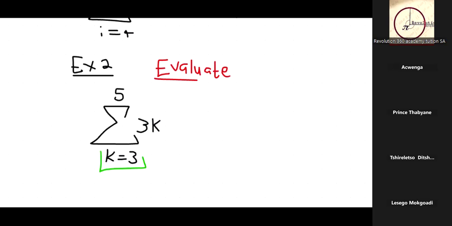Now let's determine the number of terms. The number of terms, don't forget, is the number at the top of the sigma minus the number at the bottom of the sigma, and you always add 1. So our n is the number at the top, which is 5, minus the number at the bottom, which is 3, plus 1.